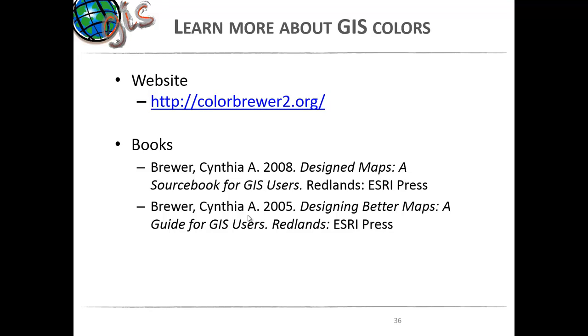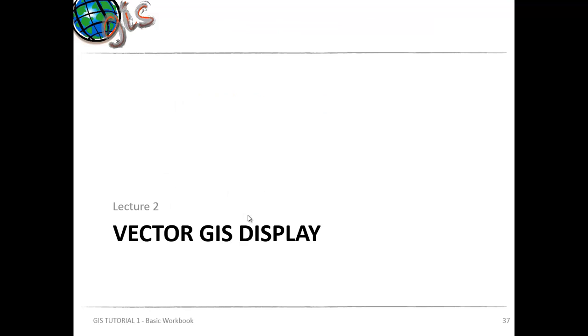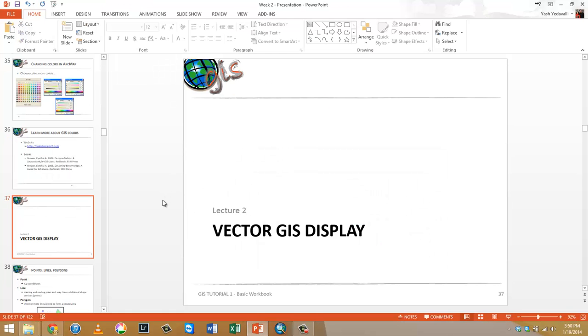It's fantastic. That's a book I usually go to for reference if I have any questions, like if I'm picking complicated color schemes. So let's pick it up after a little break on displaying vector data in GIS.